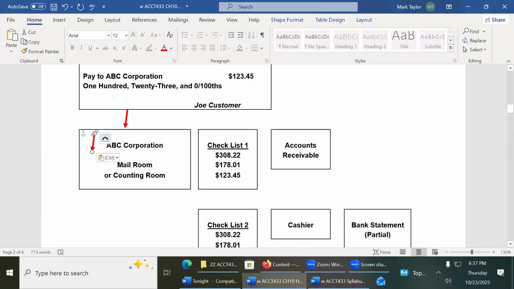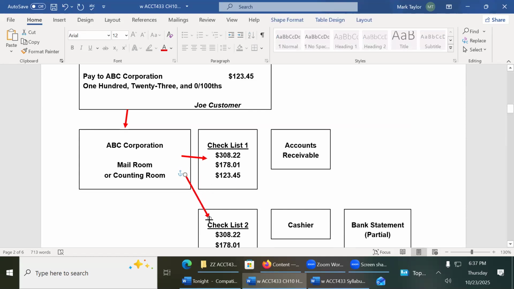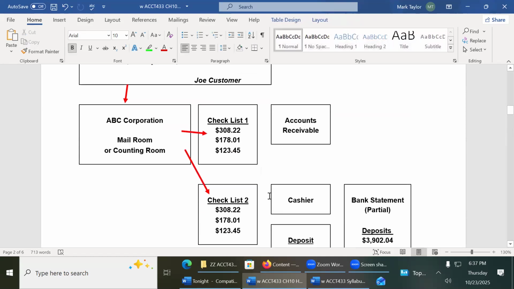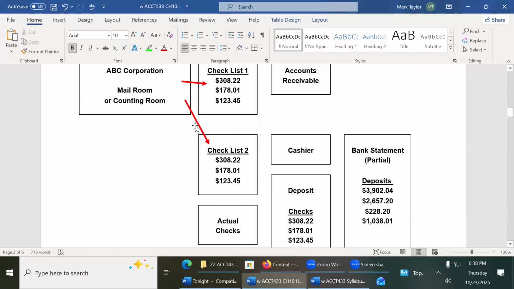And the other checklist would be sent to cashiers, or whatever the equivalent is. The actual checks would also go to the cashiers.